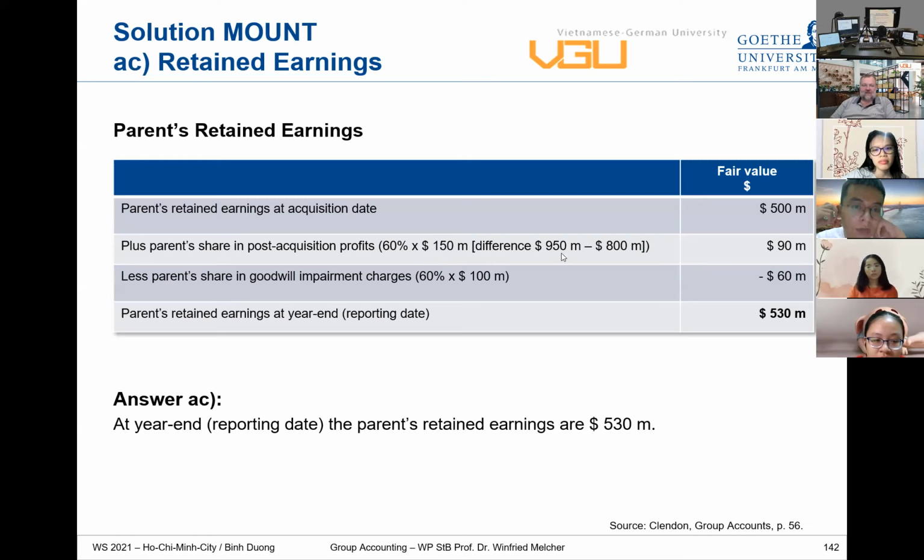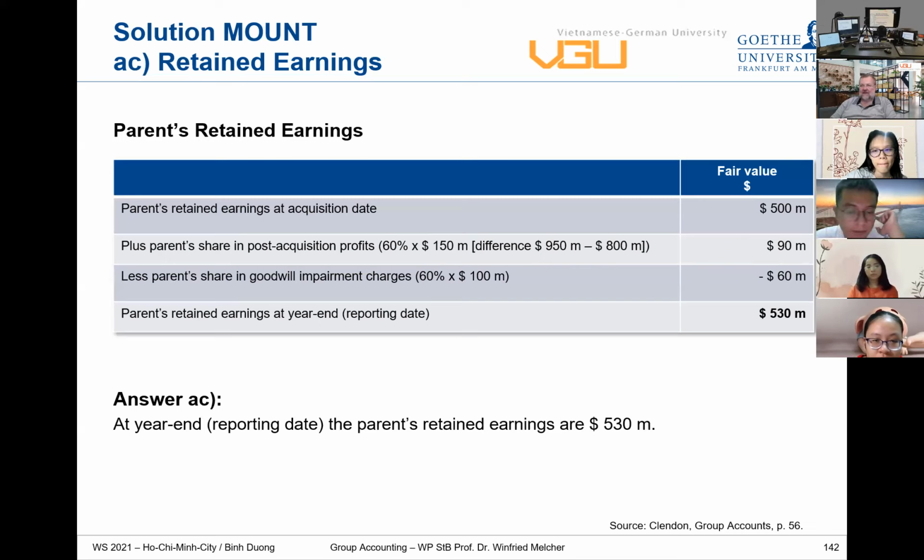Remember, that was the difference between net assets of 950 minus 800. We have to consider a share of the parent of 60%. So 60% of 150 equals 90 million. So they will get their fair share of the profits, and that will increase their retained earnings.